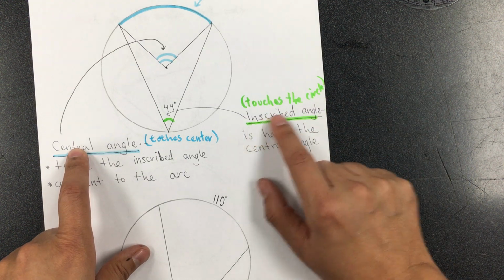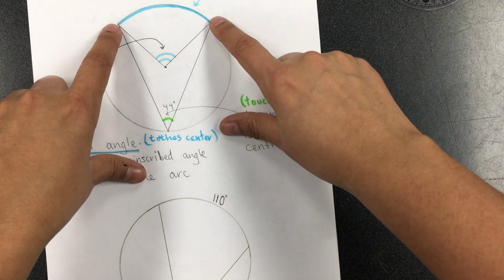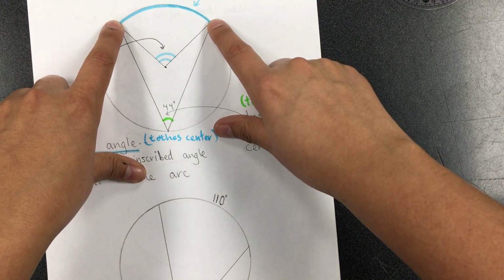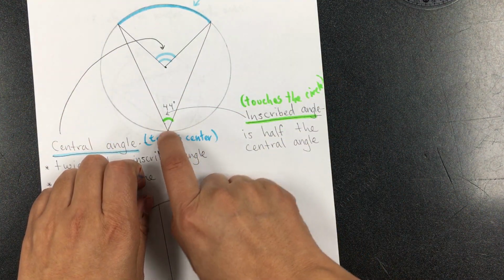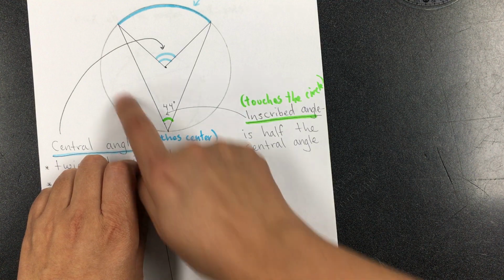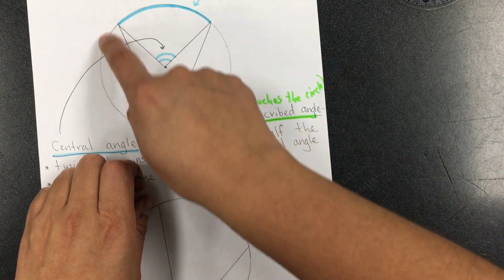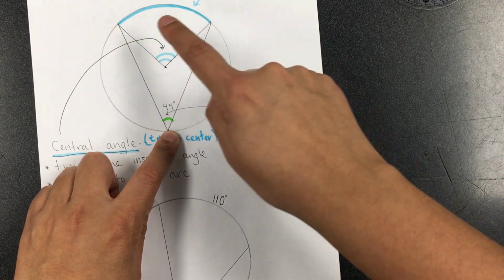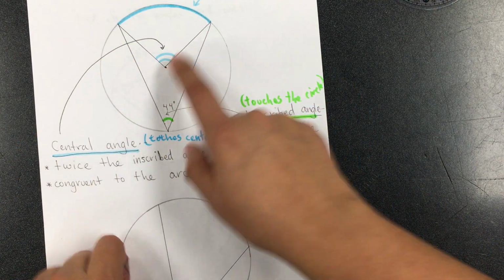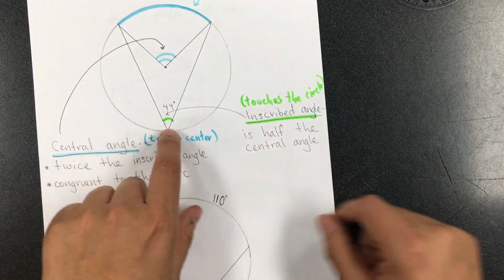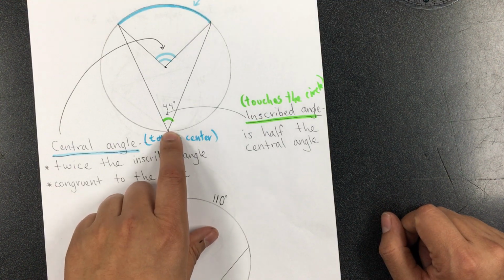And we also have inscribed angles. Those angles also have the same arc, but the vertex touches the circumference of the circle. Okay, very important. Central angles touch the center, inscribed angles touch the circumference.